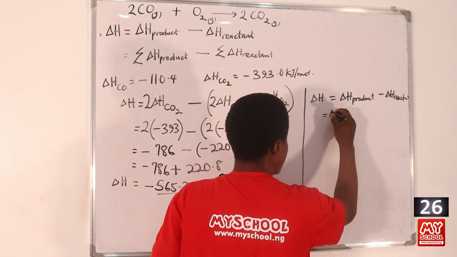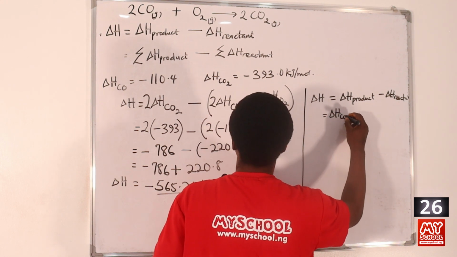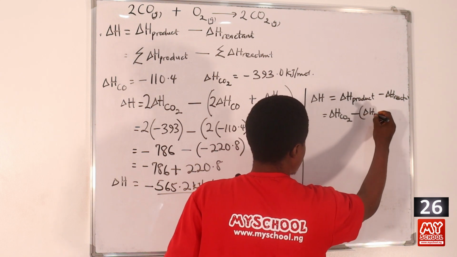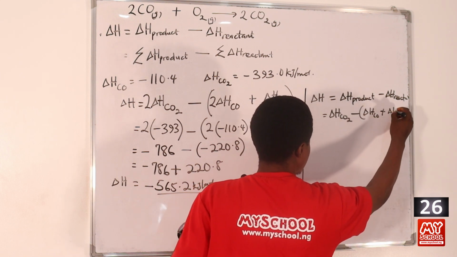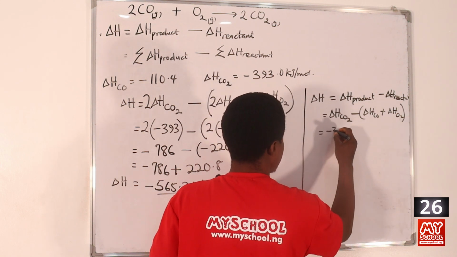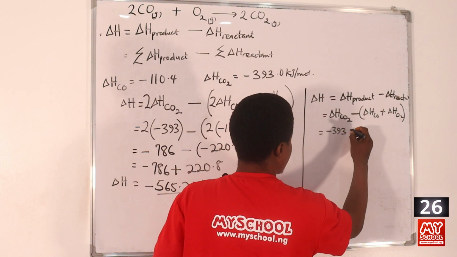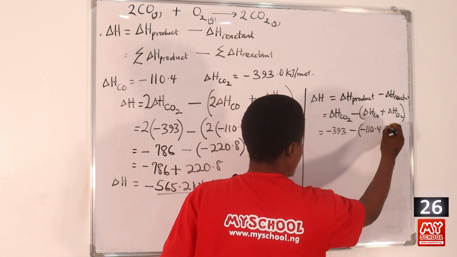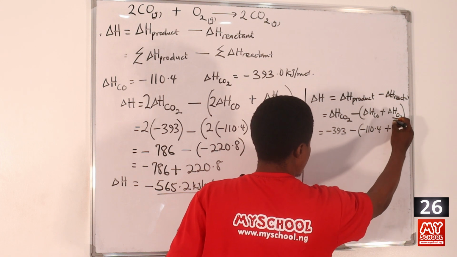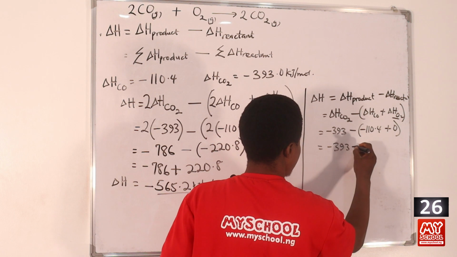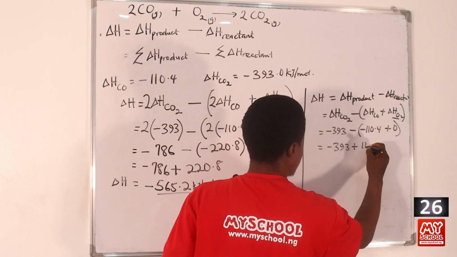That will be delta H for CO2, that's the product, minus delta H for CO plus delta H for oxygen. So this will be negative 393 minus minus 110.4. Then we have plus, this is still 0. So we have minus 393, minus times minus is plus 110.4.